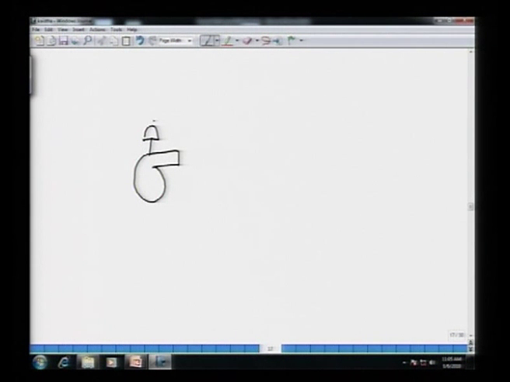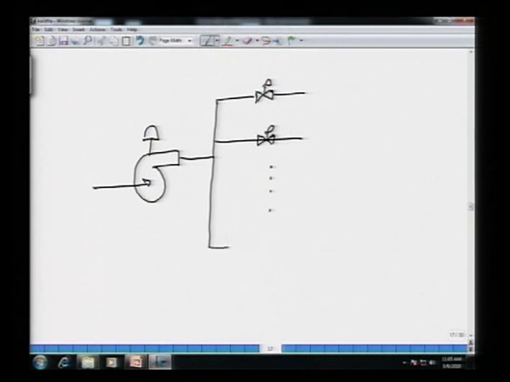This is indicated by this valve, and this pump is actually feeding n number of downstream units in parallel. So, you are feeding whatever you wish to feed to process number 1, process number 2, process number n.